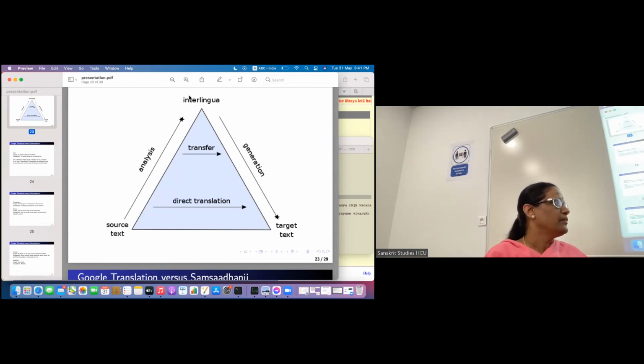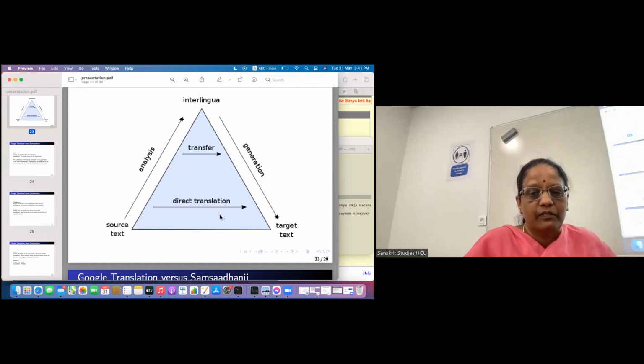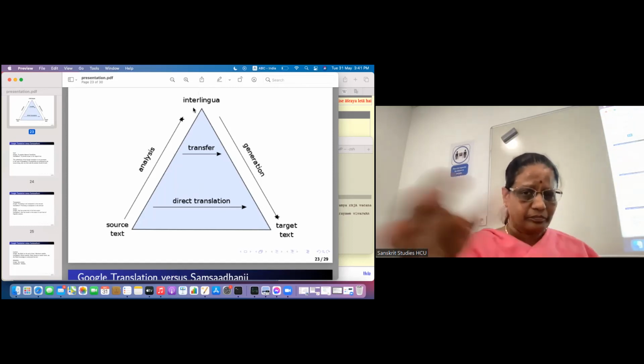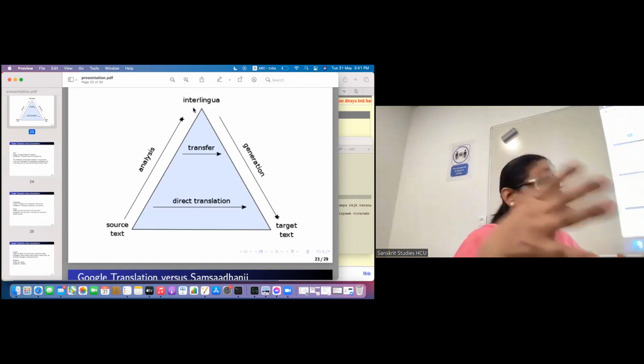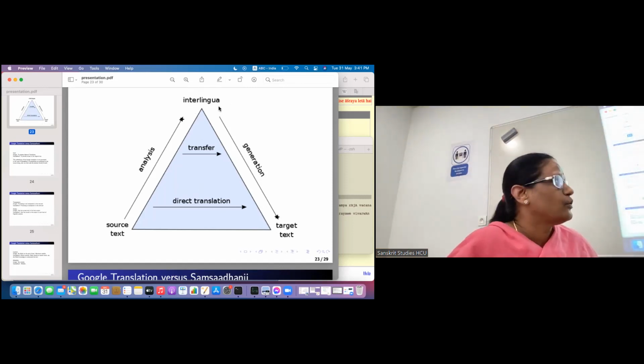Is this process always between only 2 languages? The direct translation is between 2 languages, but interlingua is from any language to any language. If we take all Indian languages, interlingua will be Sanskrit. That is the theory, but in practice it was Hindi.